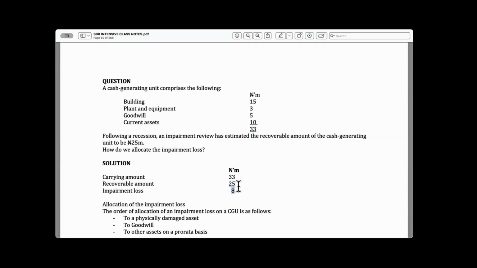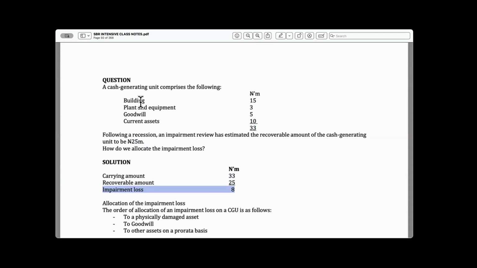Right? So now, having determined this impairment loss, we need to know how to recognize it in our books. Yes, this impairment loss goes to P&L, but we also need to bring down the value of these individual assets.